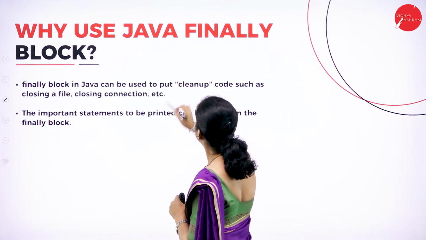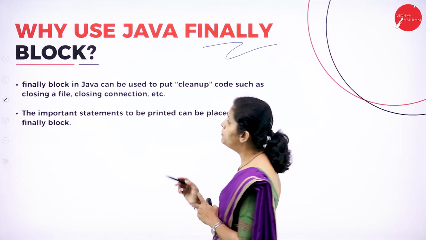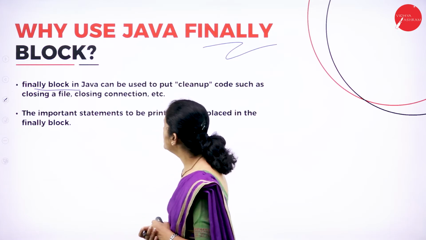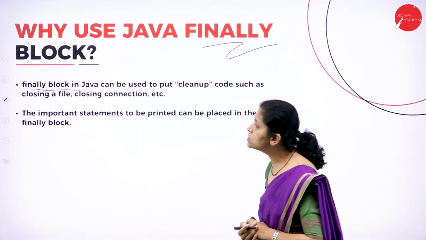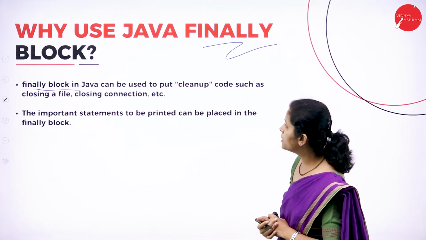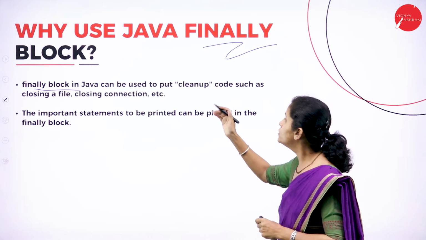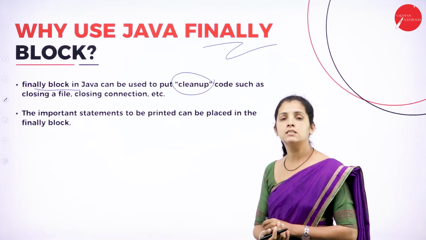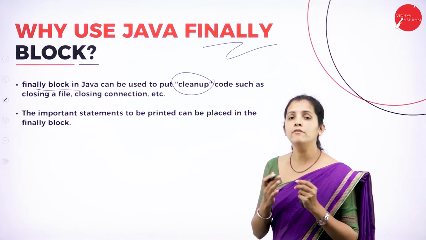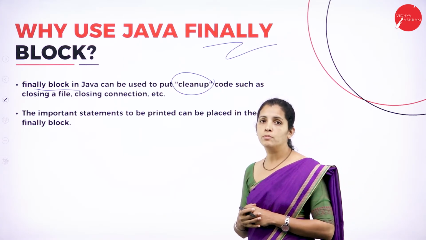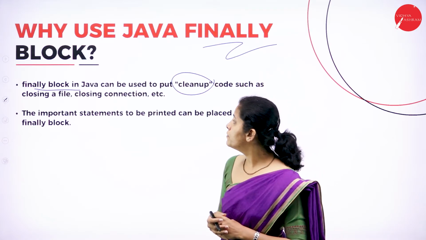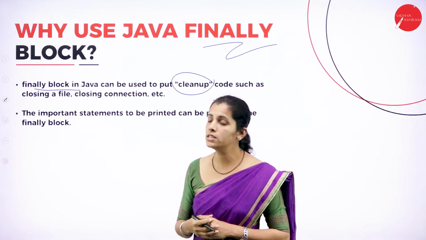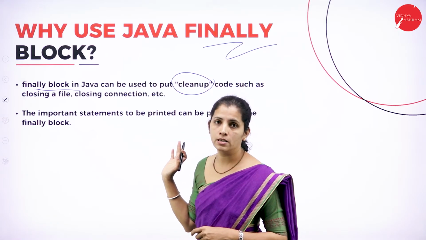Okay, now the use of the finally block. Here the finally block is mainly used to close all the connections as well as to perform cleanup procedures. There are certain times when we have to perform some cleanup procedure, close the connections, or close the file descriptor connection.